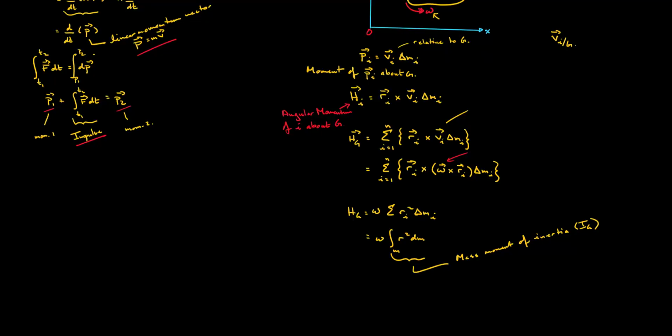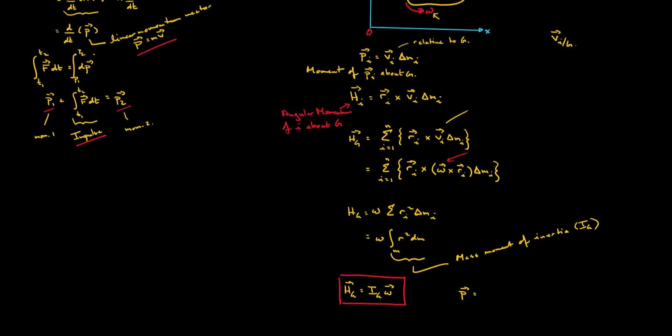So what this tells us is that the angular momentum of a rigid body is equal to the mass moment of inertia multiplied by the angular velocity omega. So hopefully you see that there is a certain analogy to the linear momentum.